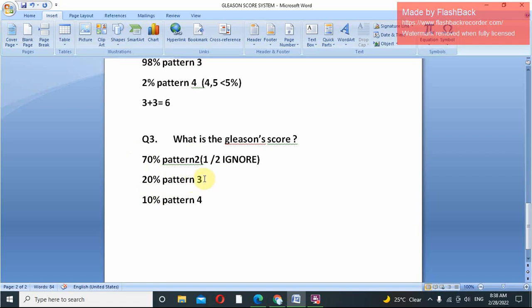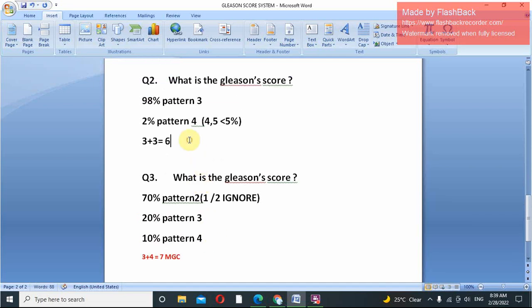So we will start our calculation from 3 and 4. The predominant percentage is 20, so we will put 3 plus 4 and the answer will be 7, right? So 7 is the moderate grade cancer, right?